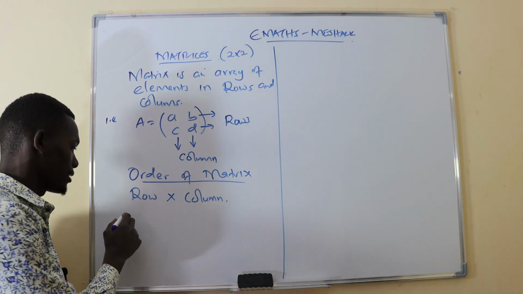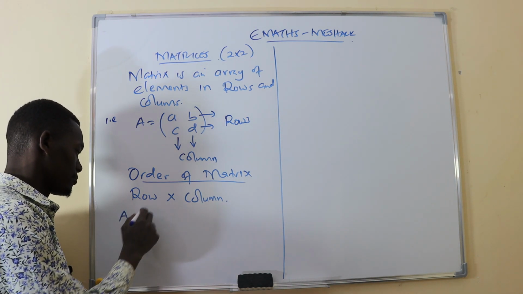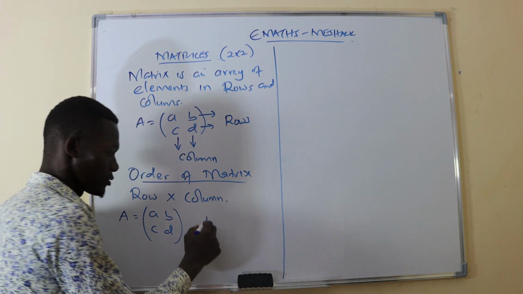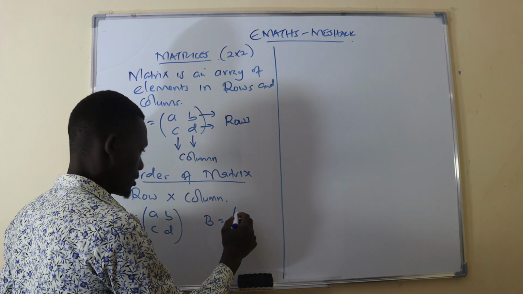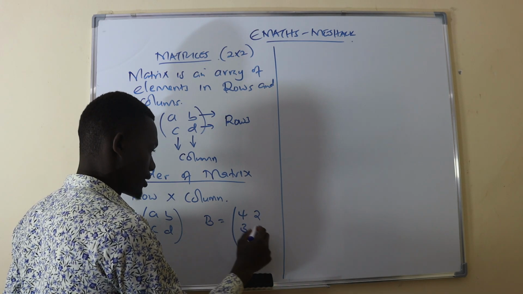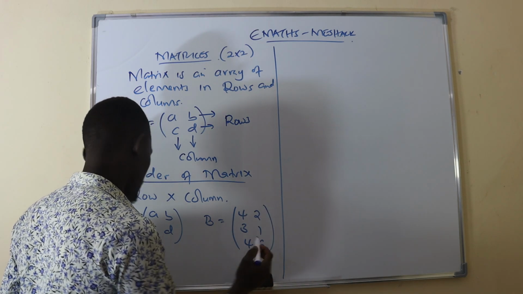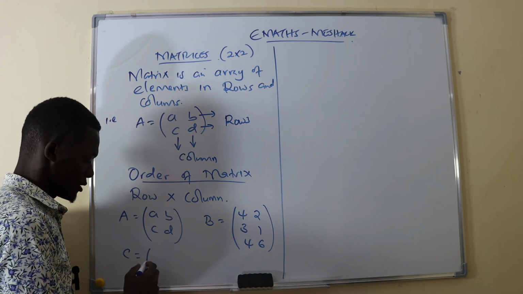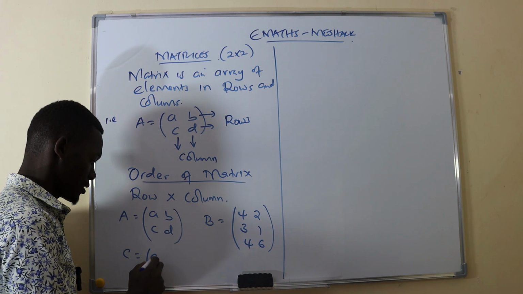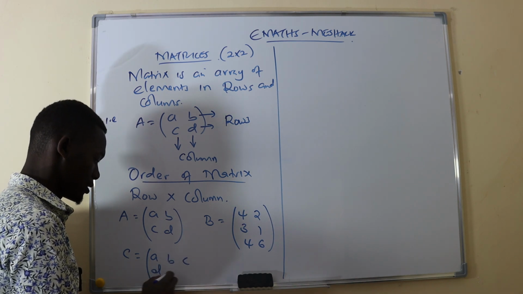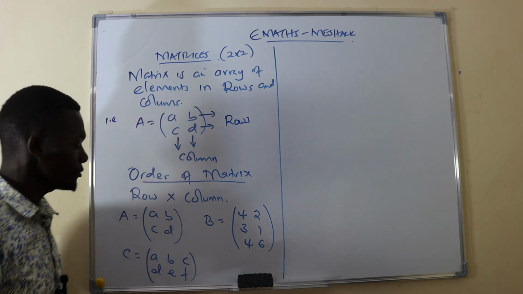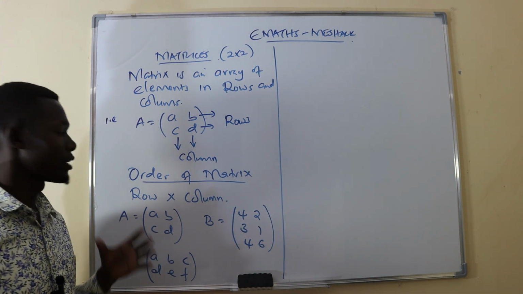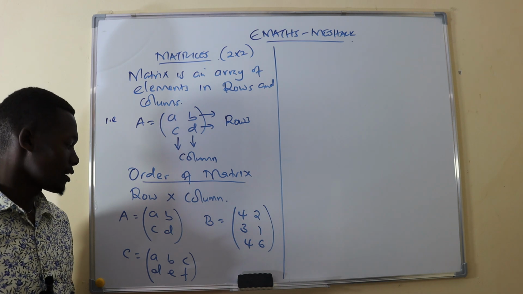So for instance, we have A, B, C, D. Then another matrix, let's say 4, 2, 3, 1, 4, 6. Then a last one, C, given by A, B, C, D, E, and F. We're talking about the order of these matrices.